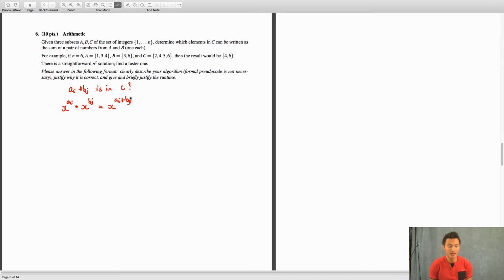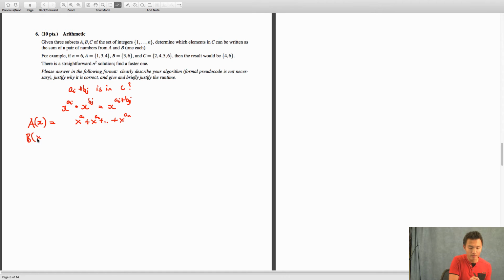So we're going to do polynomial multiplication. I form a of x as x to the a1 plus x to the a2 plus all the way to x to the an.